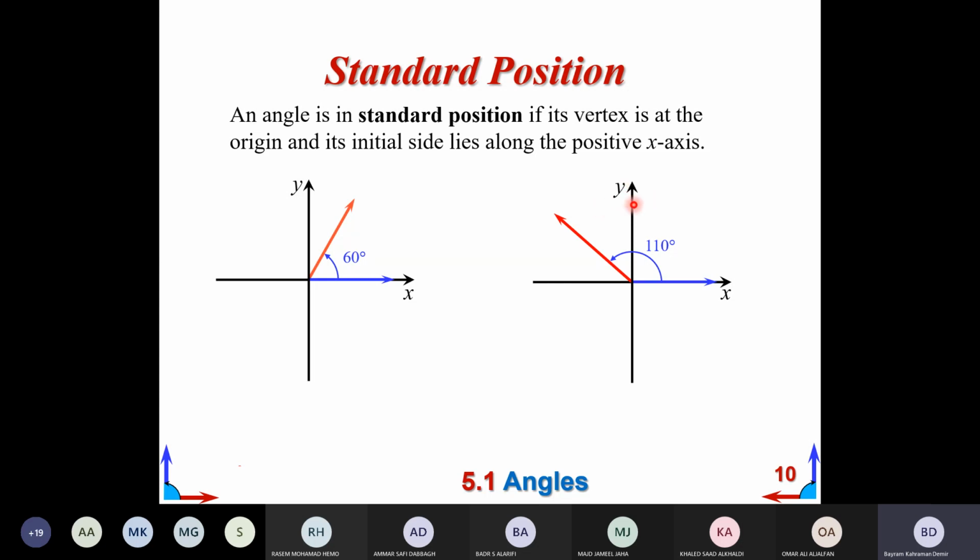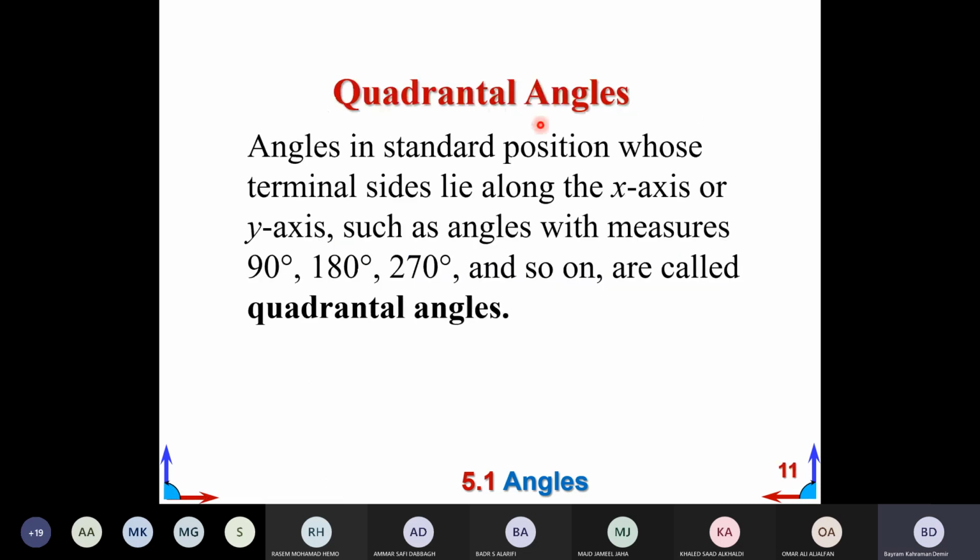No. It is right in between, so we are not going to say 90 degree is first or second. It is called, I'm sorry, I confused the name, quadrantal angles.